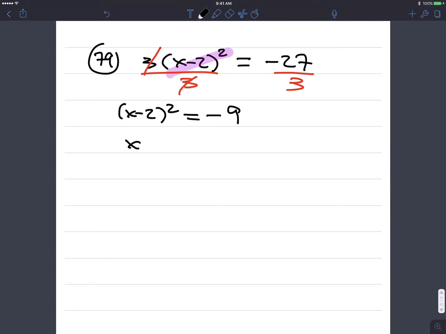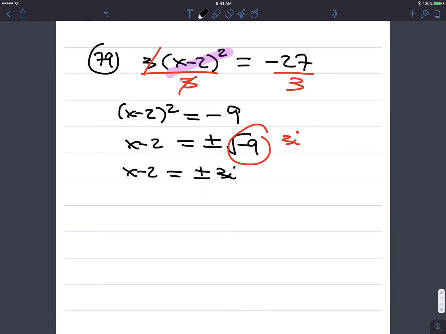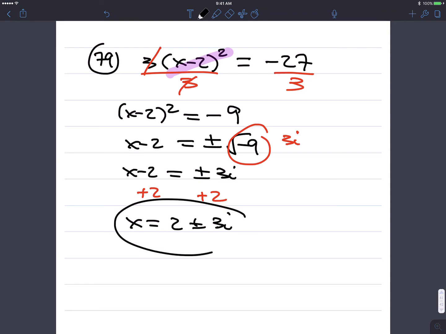By the square root formula, x − 2 is plus or minus square root of negative 9. Replace the square root of negative 9 with 3i, and we get x − 2 is plus or minus 3i. Add 2 to both sides. x is 2 plus or minus 3i. Two answers, 2 plus 3i, 2 minus 3i. And that's number 79.